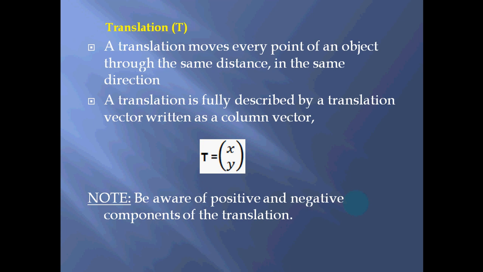Now, these components X and Y are movements, because we are saying a translation moves every point of an object through the same distance in the same direction. The components X and Y are movements. X represents the movement along the x-axis.